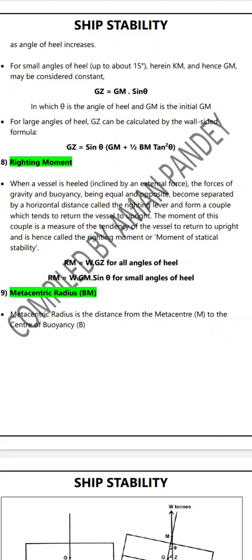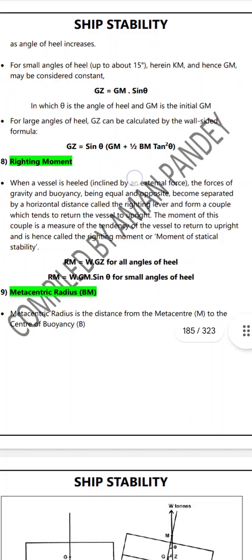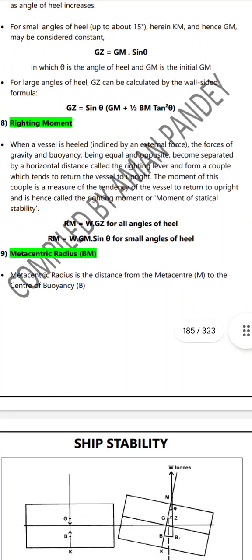The buoyancy acting upward and the center of gravity acting downward are separated by a horizontal distance, and a couple is formed. The moment required to upright this vessel is called the righting moment. So W into GM sin theta.